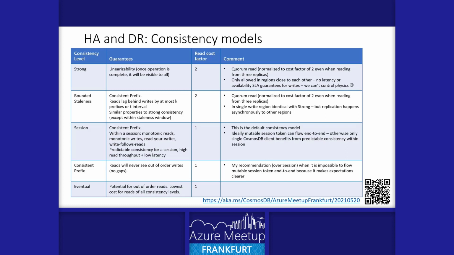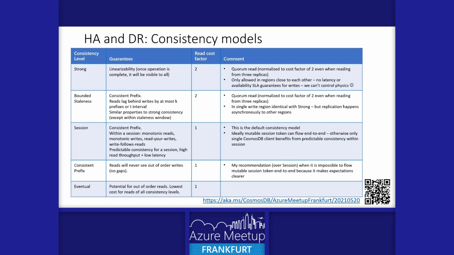If you insert a document, depending on its size and certain configuration options, the request unit cost of inserting that document is returned on each response. What you pay for is how many request units per second you can use on a certain container or table. The read cost factor here means that for bounded staleness and strong, the request charge you pay for reading each document will be twice as high as for session or eventual.